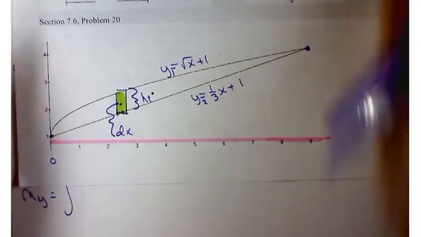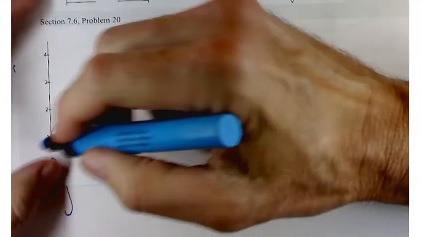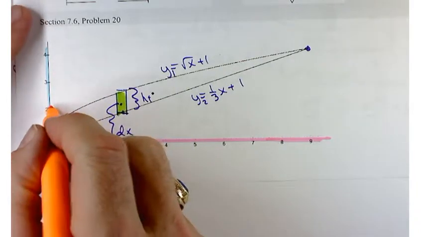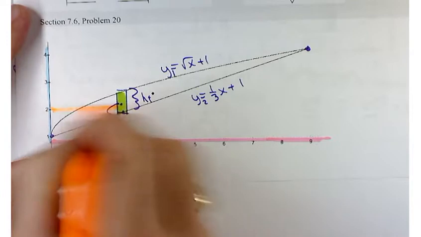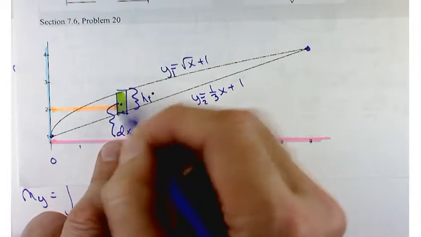Let's repeat our calculation here. This time we're trying to find the tendency of this little slice here to want to rotate itself around the y-axis. So I'm going to need something new and then something not so new. I need the area of this figure.